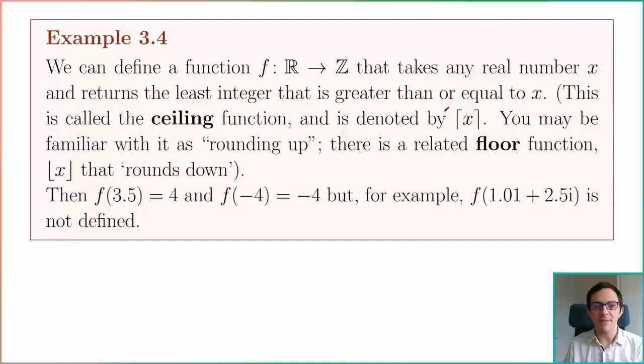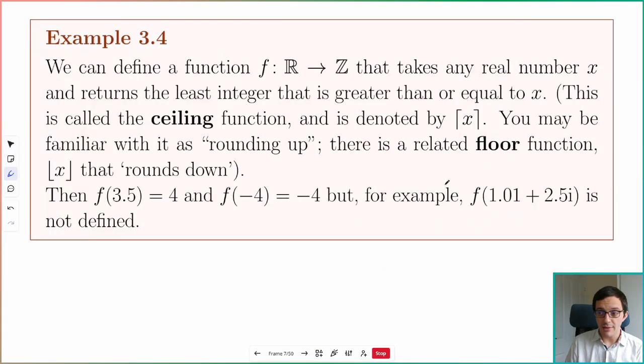Okay, examples. So the ceiling function, you could define this as a function from real numbers to integers that does some rounding up. It returns the least integer that is greater than or equal to x. So that's a bit to think about there. The least integer that is greater than or equal to x.